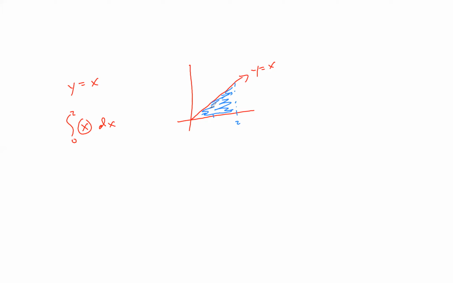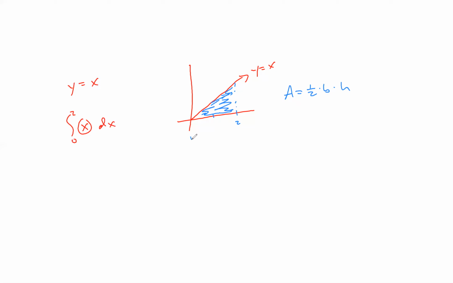I can tell you the exact area because I know how to find the area of a triangle. I know that the area of a triangle is 1/2 times base times height. So if I know the base and the height of the triangle, then I can find the area.